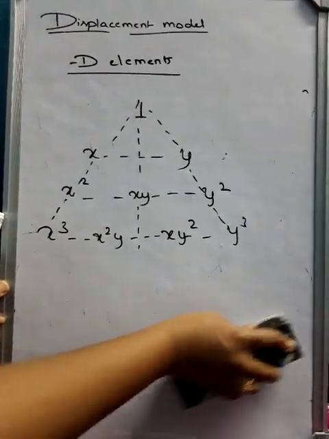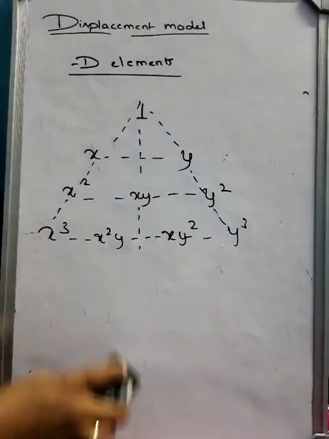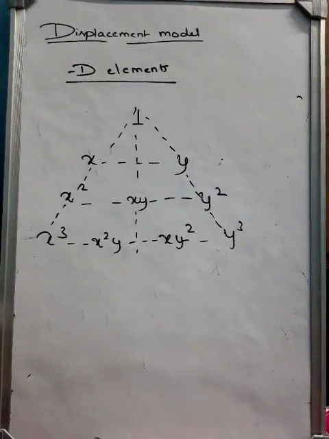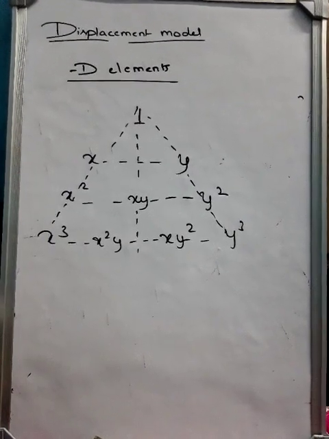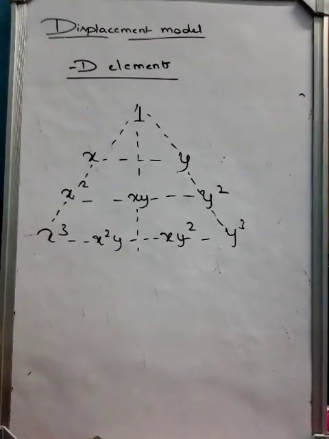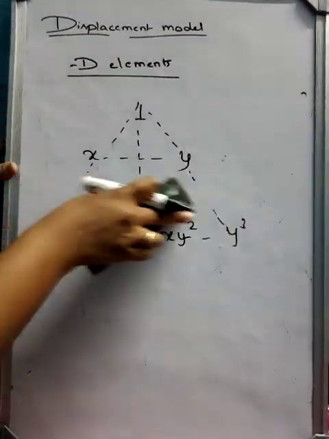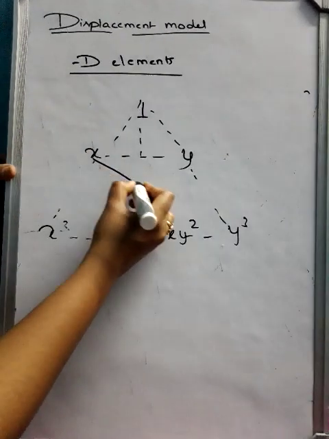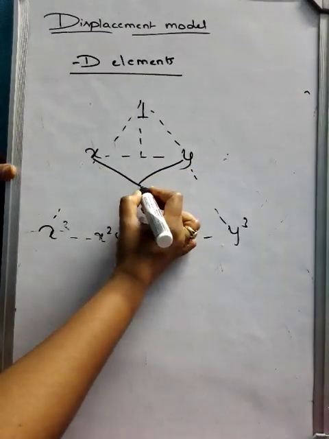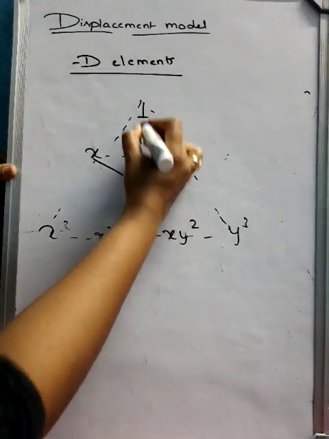Now you will be having a 3D element. For that also you have a sequence. This is Pascal tetrahedron. Instead of Pascal triangle, you have a Pascal tetrahedron. So I'll just write that one. This is z.